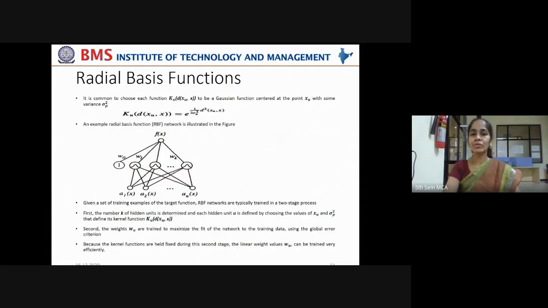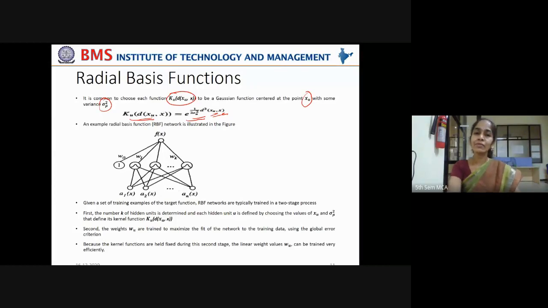Now it is common to choose each function, this kernel function, to be a Gaussian function centered at the point xu with some variance sigma square mu. Whenever you take large data sets, you always assume that it is following a Gaussian distribution or a normal distribution. For that, what is the formula? How can you represent this kernel function now? It can be represented as e to the power of minus 1 by 2 sigma mu square multiplied by the square of the distance between the new instance and the existing instance.